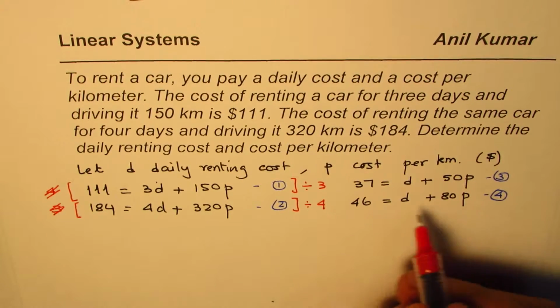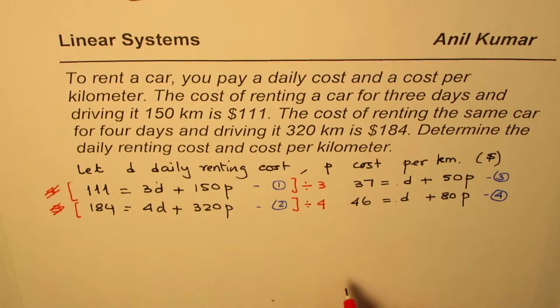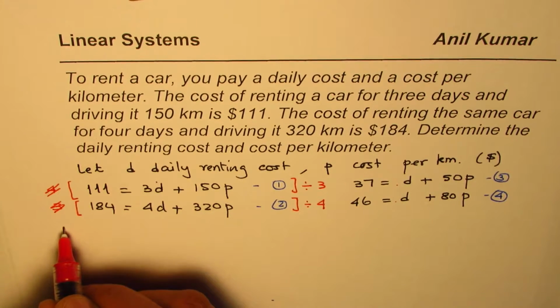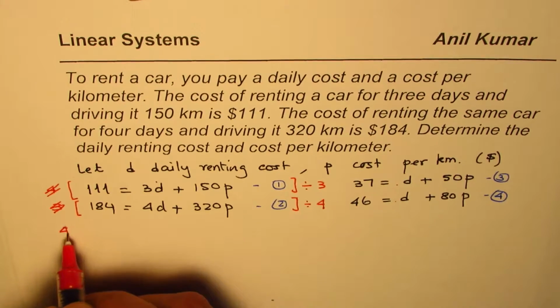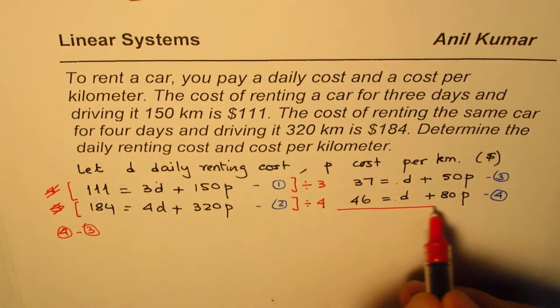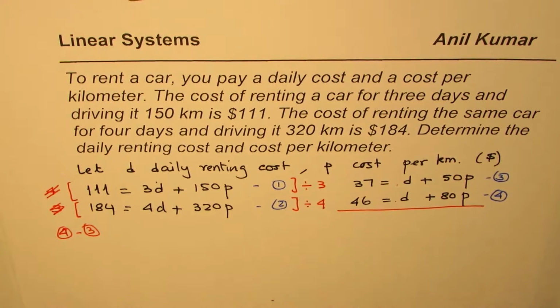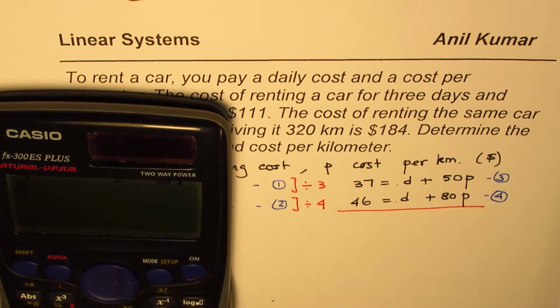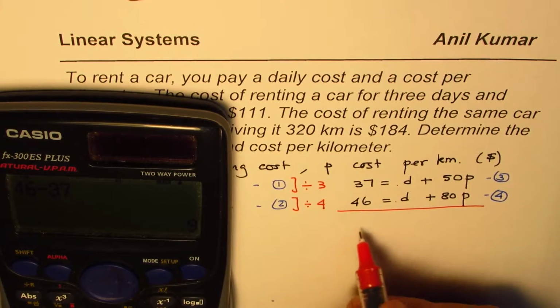Now we have two equations with the same coefficient for the daily rate, so we can do equation 4 minus 3, this minus this just to avoid negative terms. So we have 46 minus 37 equals 9.